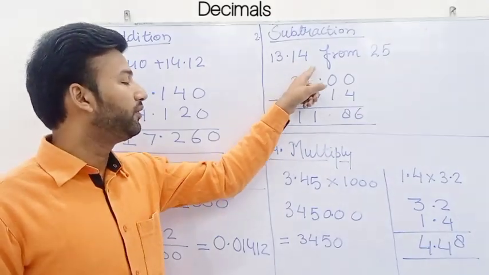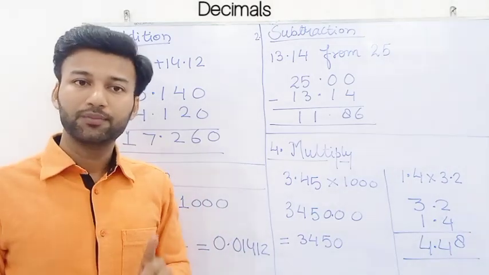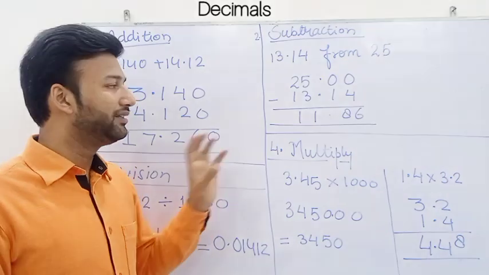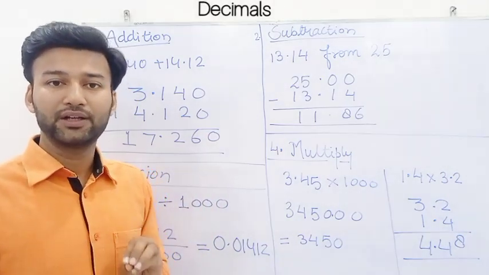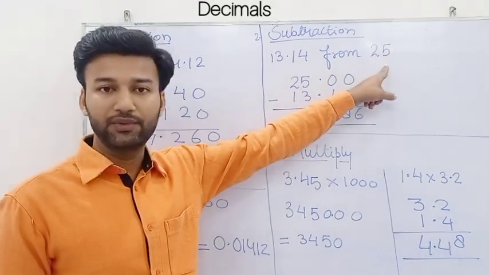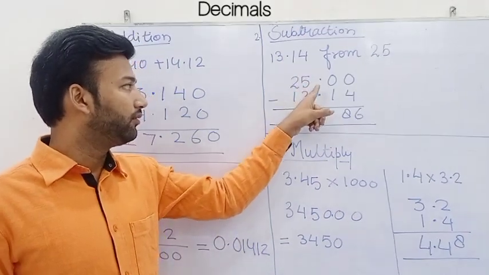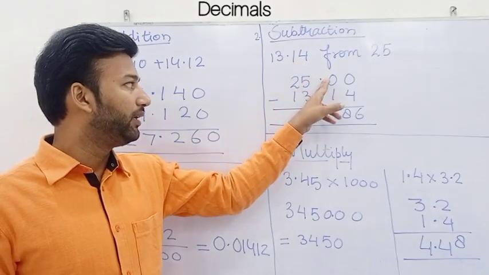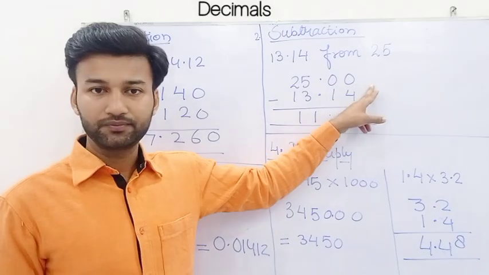Okay. Next, subtraction. How to subtract 13.14 from 25? This question is very important because last time in the exam, most students got this question wrong. Remember the question with 'from'. From means we first write the number after 'from', 25, and because the other number has decimals, make it like decimal, 25.00.